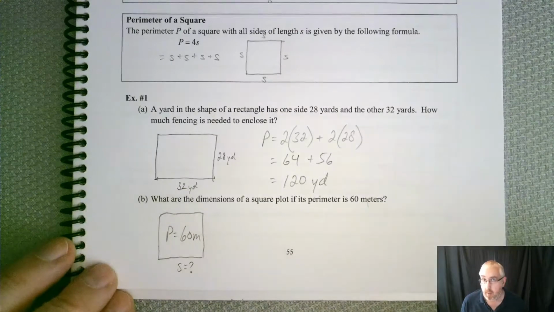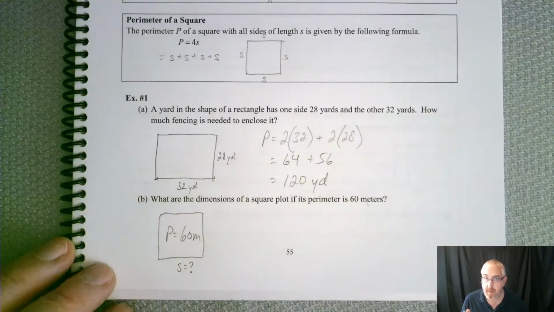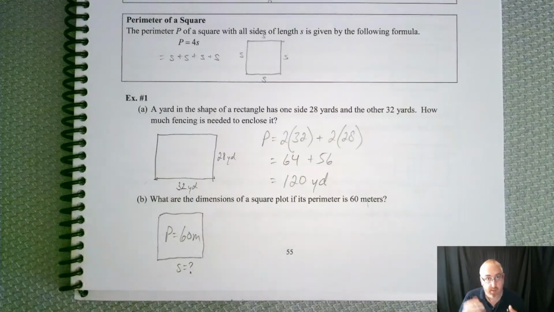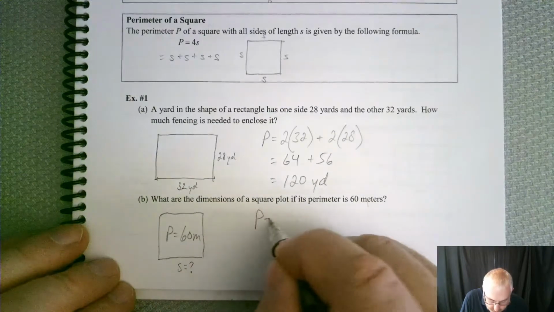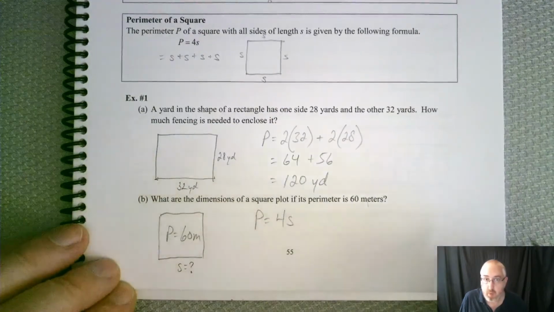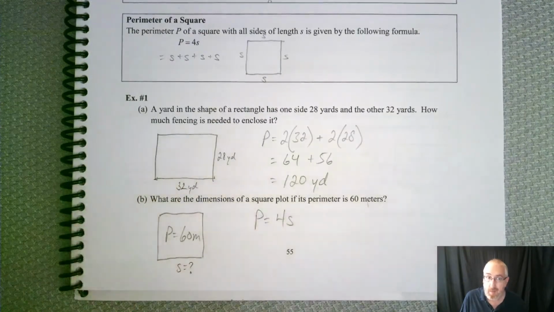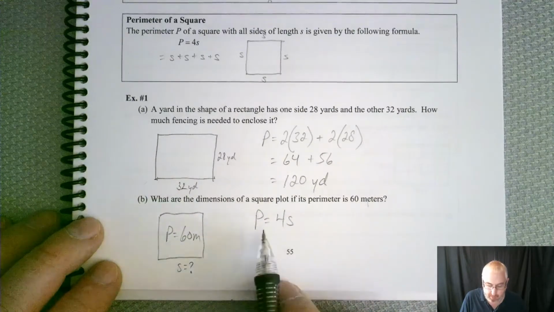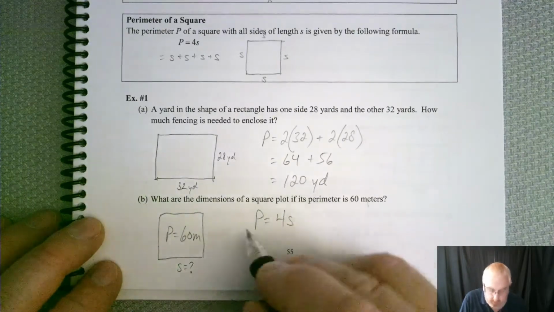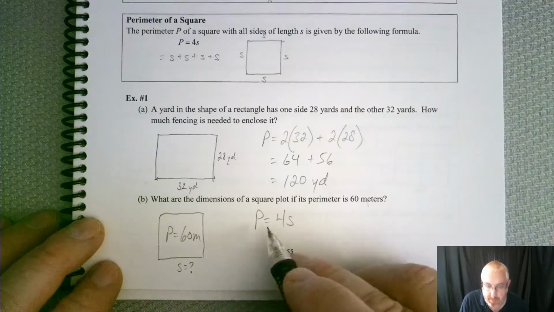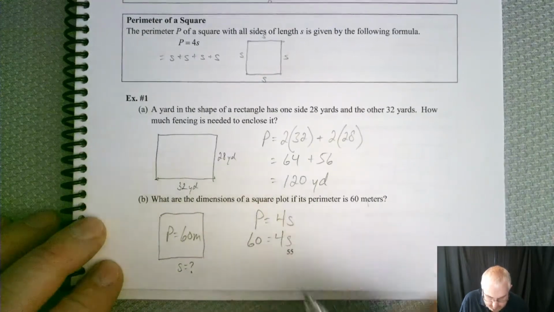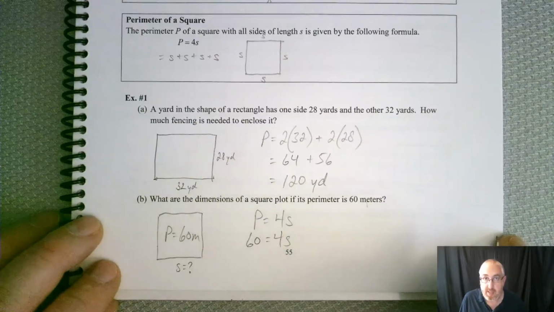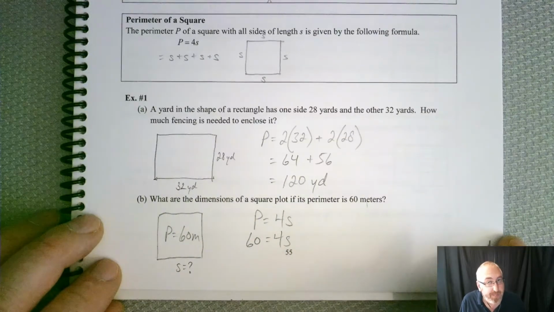Well, we always have a formula that's associated with one of these shapes. So based on the information they give you, you should be able to associate a formula with it. For this one, we know the formula is P equals 4S. But now we can replace the perimeter with the 60. So we're not replacing the S, we're replacing the P. So we got 60 equals 4S, and now how do we get rid of the 4?